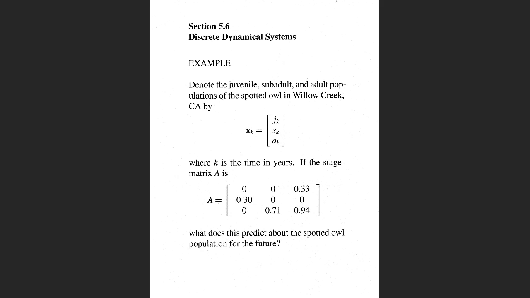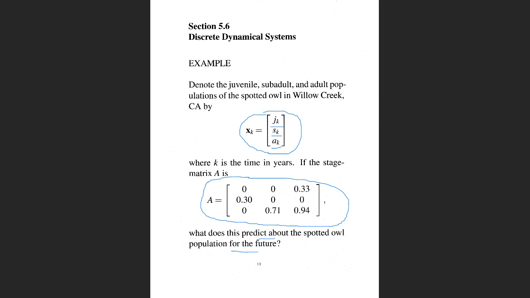In this case, we are going to let the vector x sub k be the populations of juveniles, subadults, those are like teenagers, and adult populations of the spotted owl in Willow Creek, California. And here we're given what's called a stage matrix. And we want to know, what does this predict about the spotted owl population for the future?